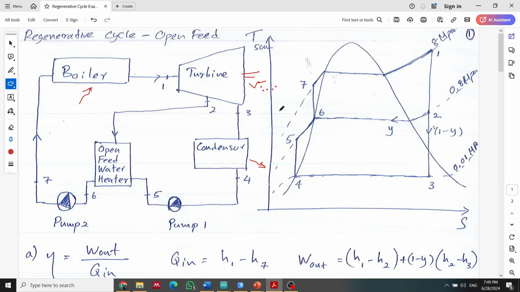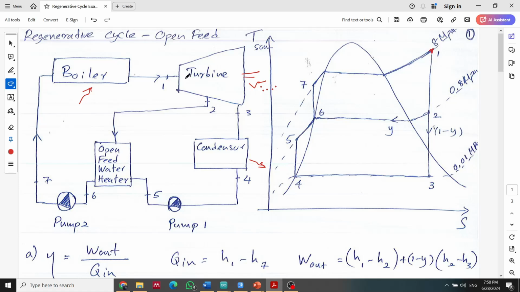Basically you have the TS diagram with three pressure lines: the 8 megapascal line, the 0.8 megapascal line, and the 0.01 line. The 0.01 is the condenser pressure, the intermediate one is the pressure where the feed water heater is operating, and the top one is the turbine or boiler pressure. So the boiler action is from 7 to 1, heating up until it reaches the superheated level.